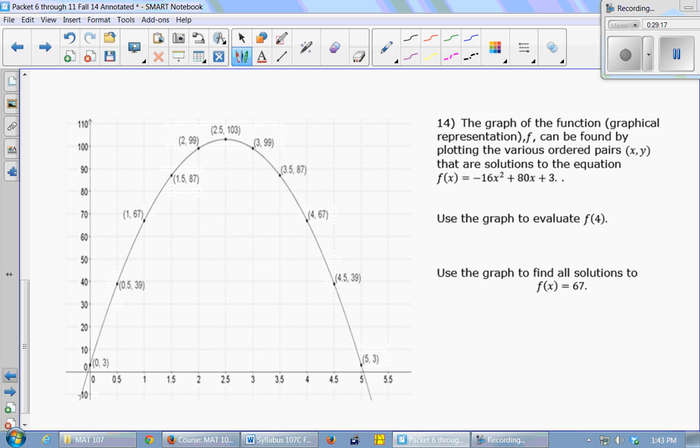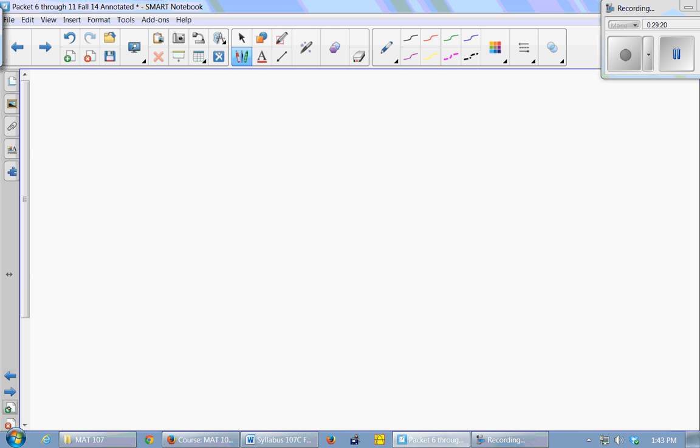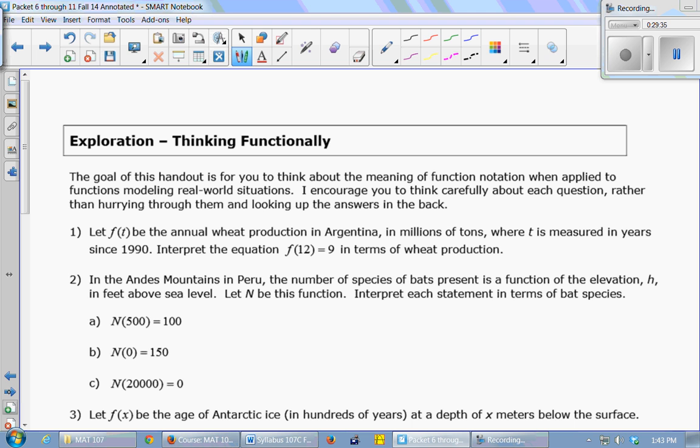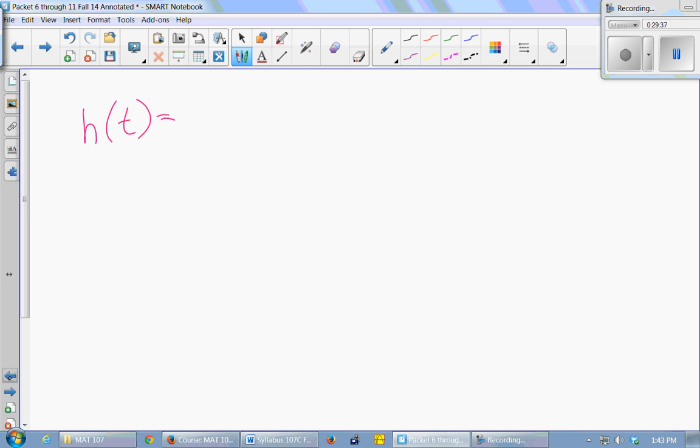We don't have all the mathematics to explain why the equations are what they are right now. Keep going, you'll see it in Calc 1. But in general, the height of any falling body at a given time t, in feet, is negative 16 t squared plus v naught t plus h naught.